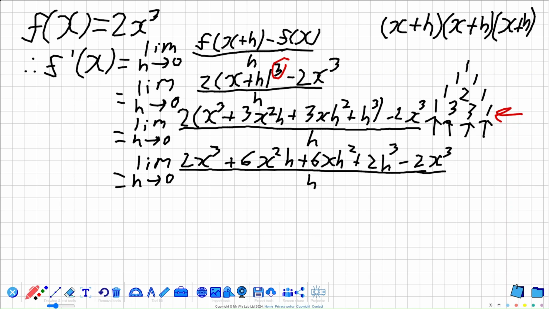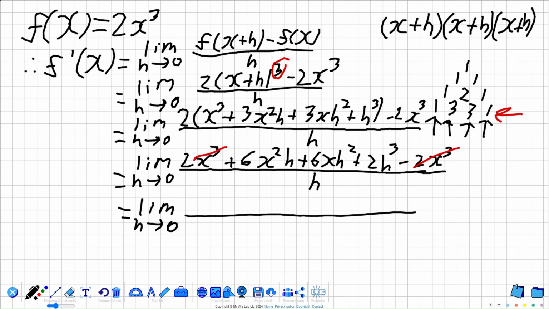But like we described in the example before, these all have h in it, which is awesome. But what you can see is the two values without h's will both cancel each other out. So we can just cross them out, and that will give us lim h approaches 0.